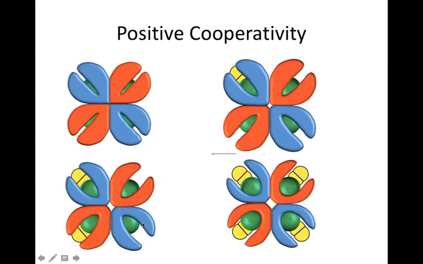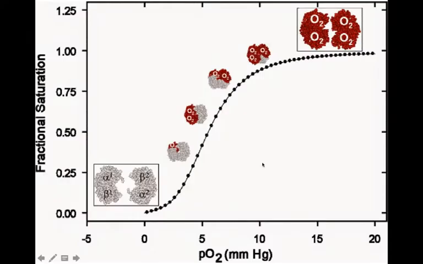The oxygen molecules are effectively moving around and hopefully colliding into the right area, and because once you've got 3 filled up, the likelihood of filling the 4th becomes lower. That's why there isn't this positive cooperativity, and in this case it's negative from the third to the 4th, sorry. So it becomes much more difficult for it to become fully saturated from 3 to 4 for that reason, but you always get this S-shaped curve.